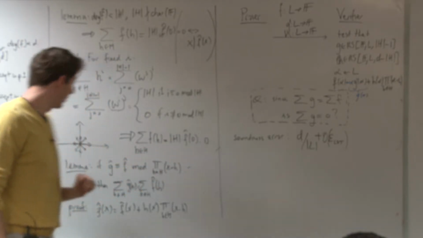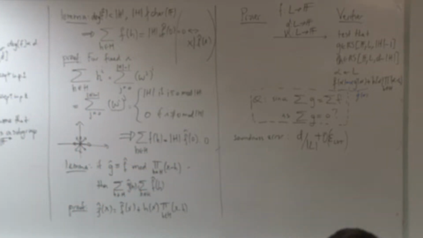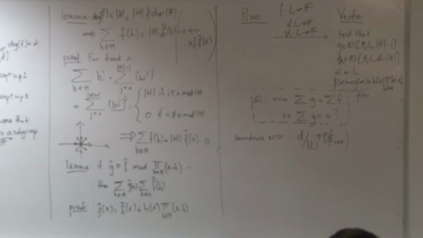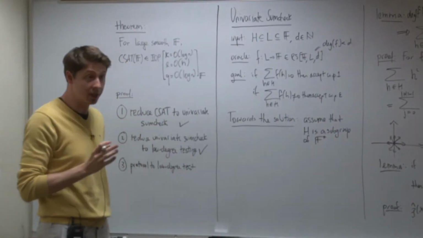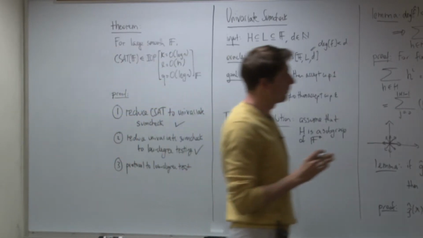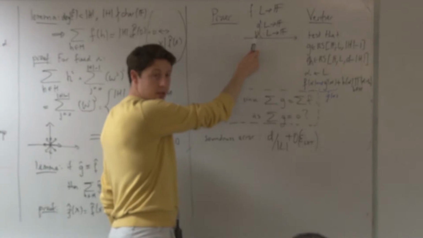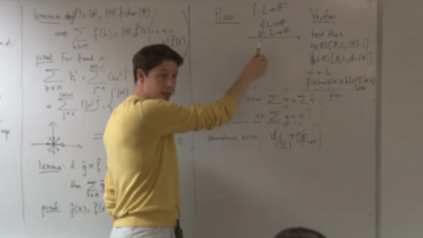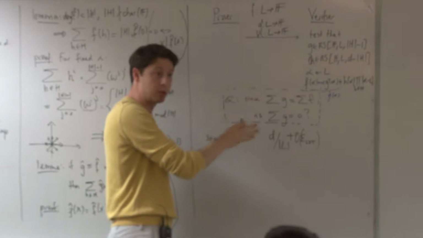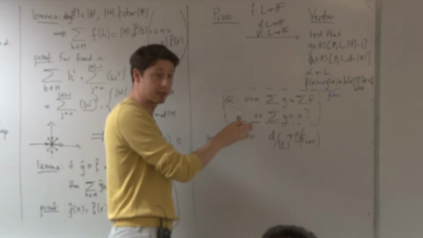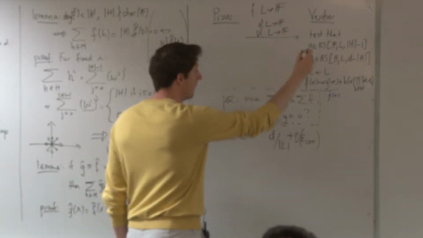Okay, so this is how you reduce univariate Sumcheck to low degree testing. This is a reduction, by the way, because even under the promise that F is low degree, we did use as a subroutine a low degree test. So I haven't technically solved it. I've just reduced the problem to low degree testing, because inside the protocol, I have these two tests to do.